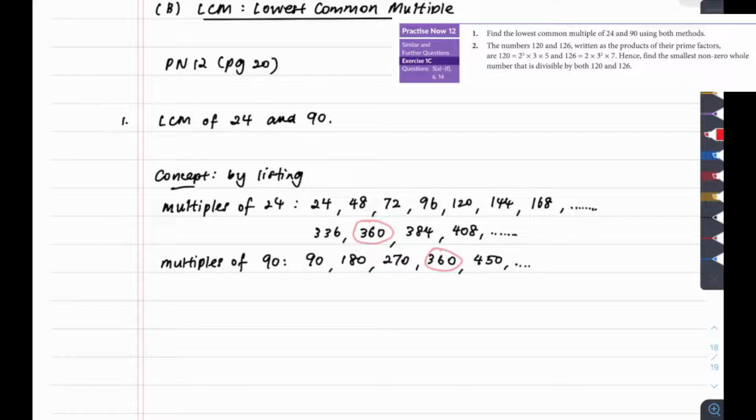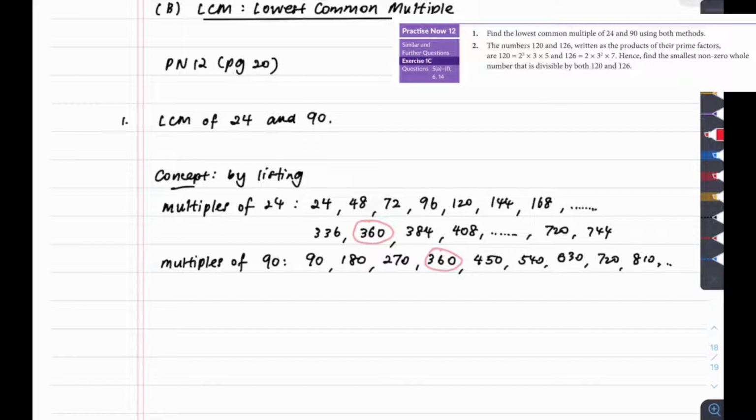Now if you continue the process, if you continue to list down the numbers, I will do this for 90. After 450 you have 540, 630, 720, 810, and so on and so forth. Now for the 24, at some point you arrive at 720, 744 as well.